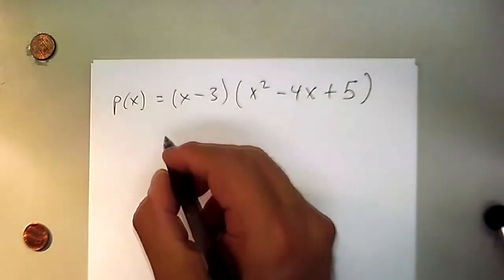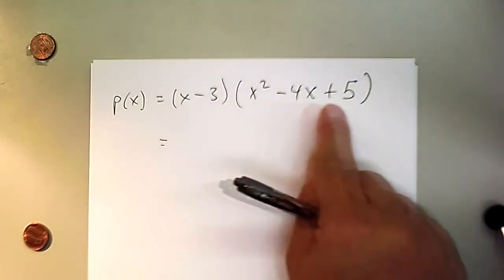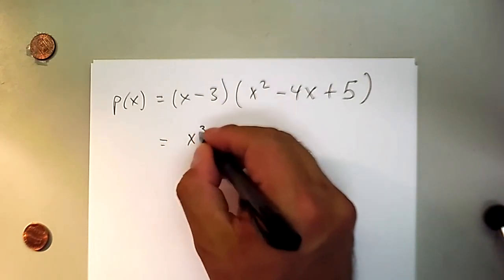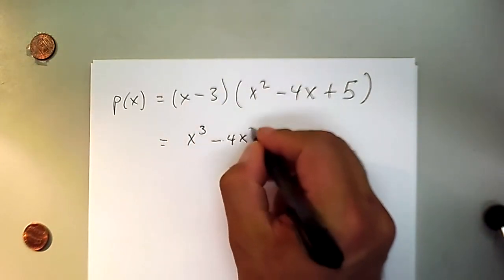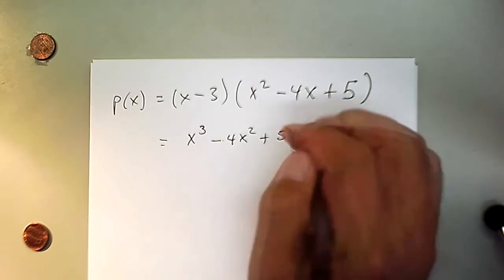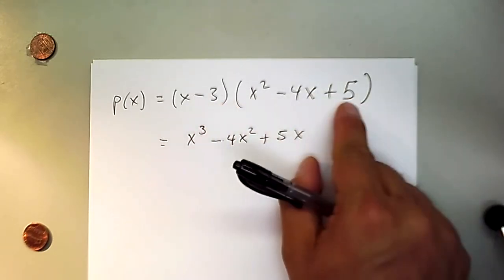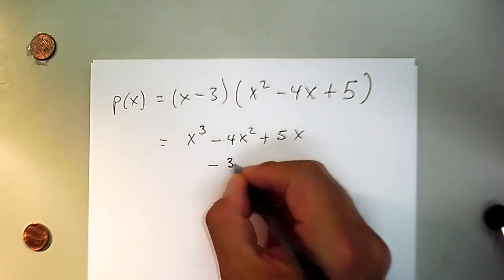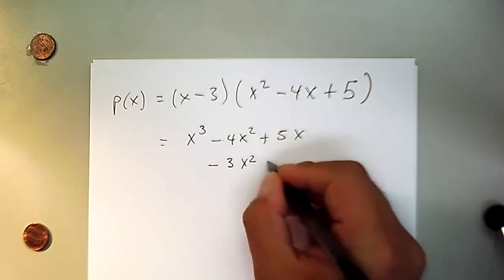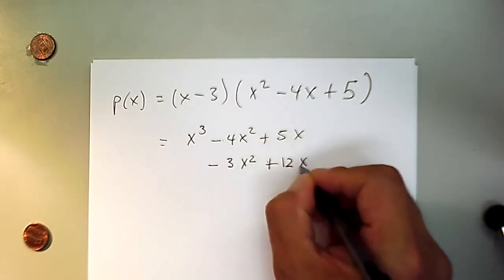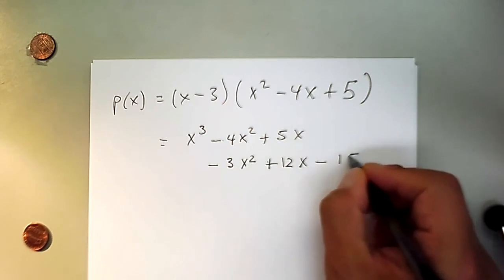And then we multiply. So I'm going to multiply the x with that, x cubed minus 4x squared plus 5x. Negative 3 times that, minus 3x squared plus 12x minus 15.